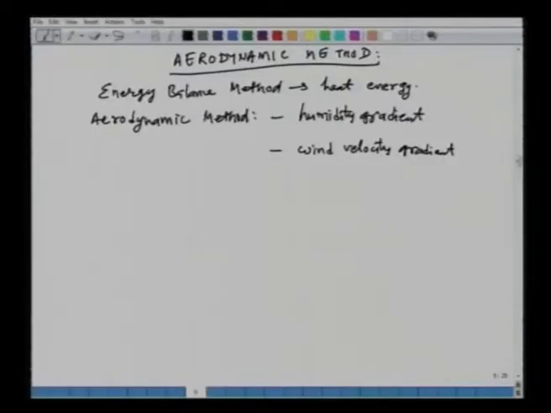Now, this wind velocity actually is what?